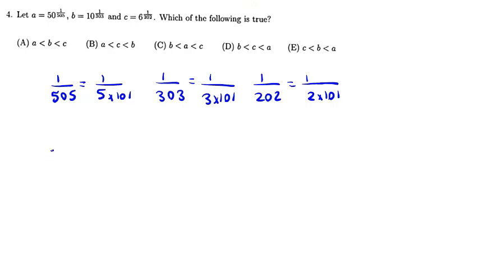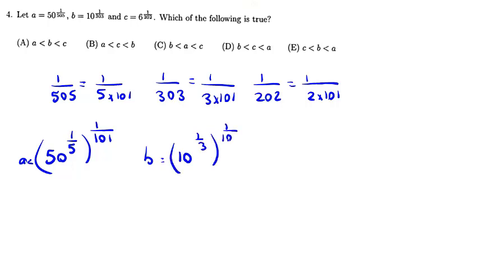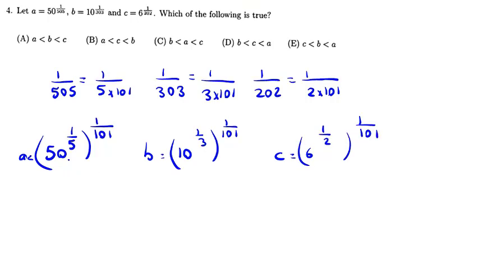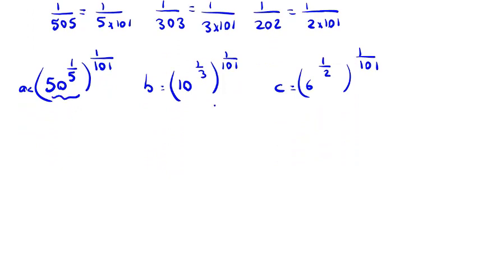A is 5 to the power of 1 over 5 times 101. B is 10 to the power of 1 over 3 times 101. C is 6 to the power of 1 over 2 times 101. So we should consider these three cases, the bases. Now we raise all of them to the same power. The LCM of 2, 3 and 5 is 30, so we raise them to the power of 30.